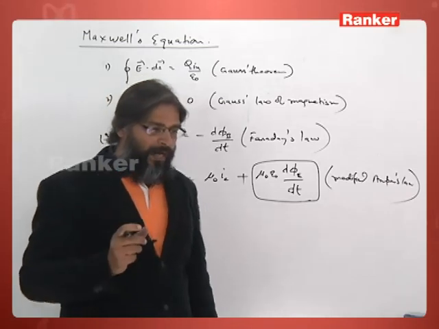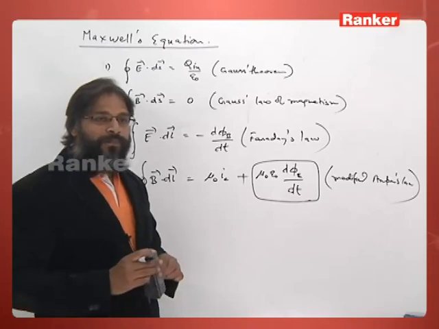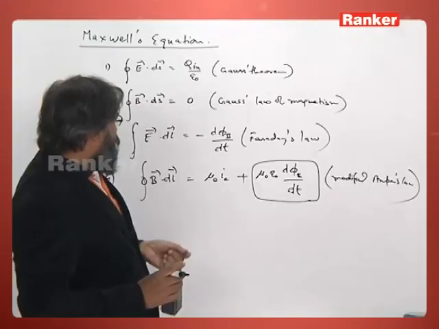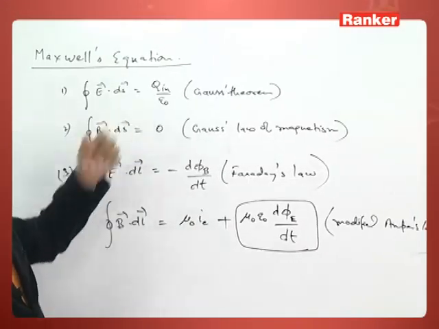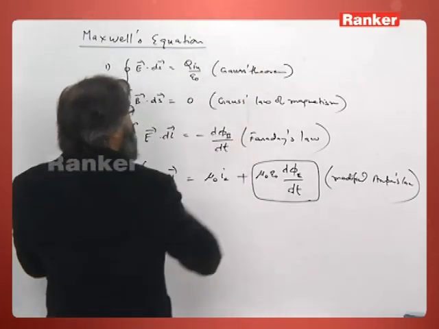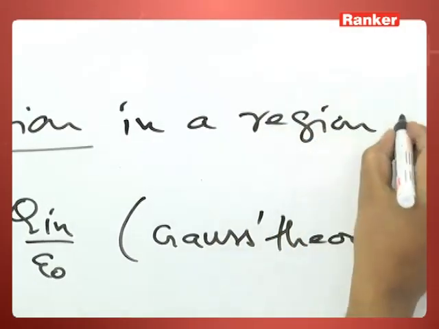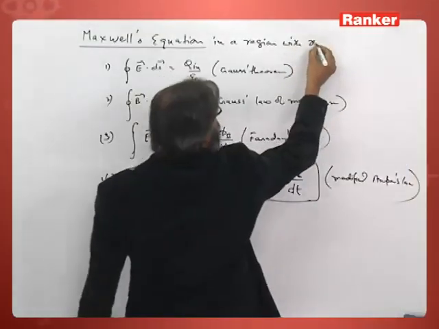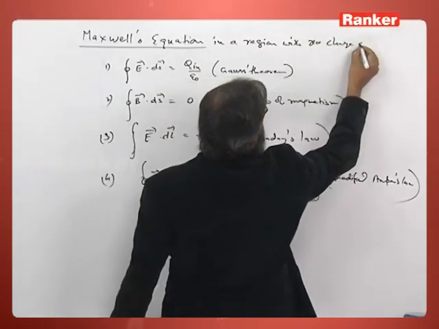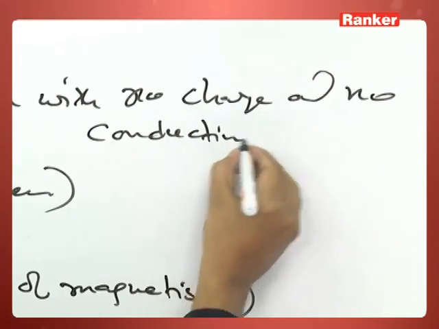Now, let us see how that wave can be produced. This is Maxwell's equation when there is a conduction current and charge. Now consider Maxwell's equation in a region with no charge and no conduction current.